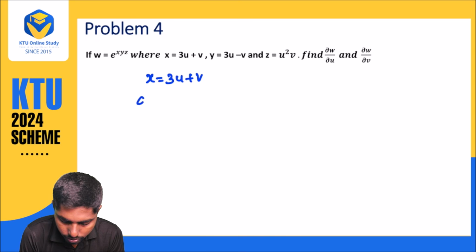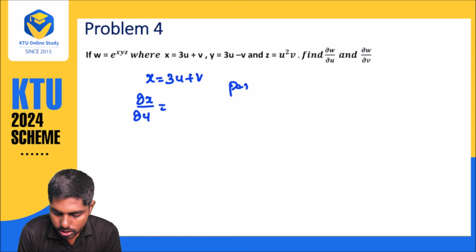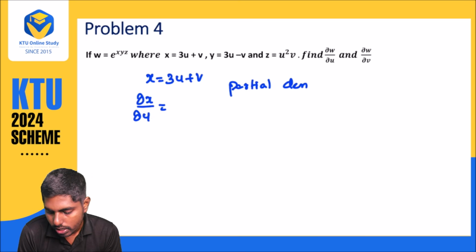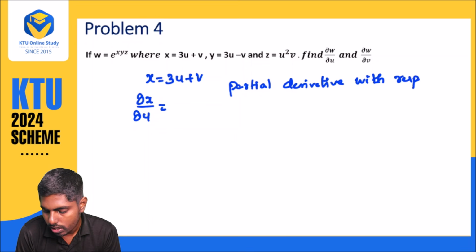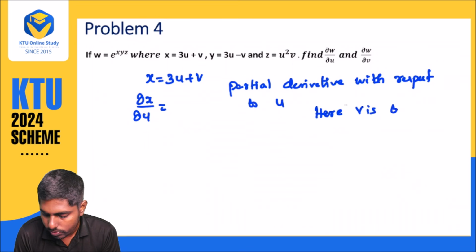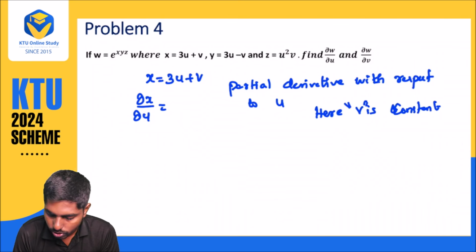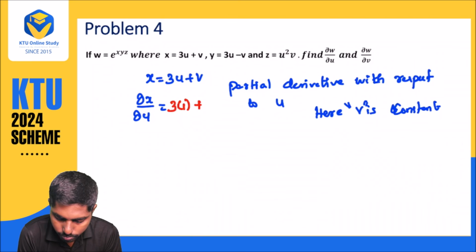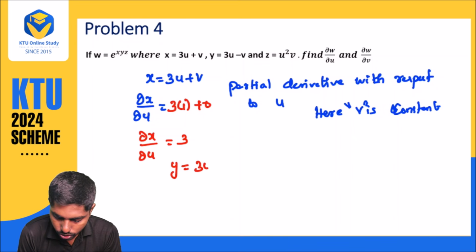The partial derivative with respect to u means v is constant. So it becomes 3 into 1 plus 0. So ∂x/∂u is equal to 3, and similarly y is equal to 3u minus v.